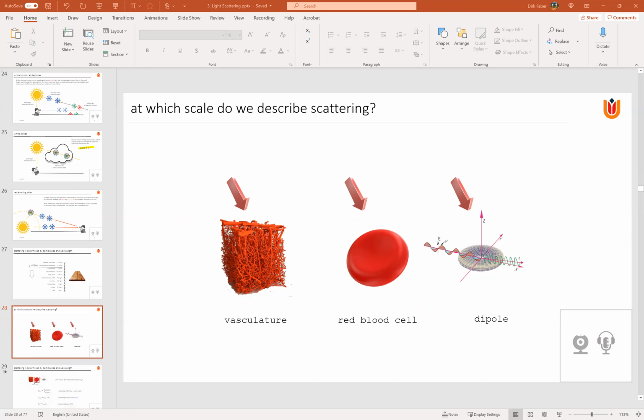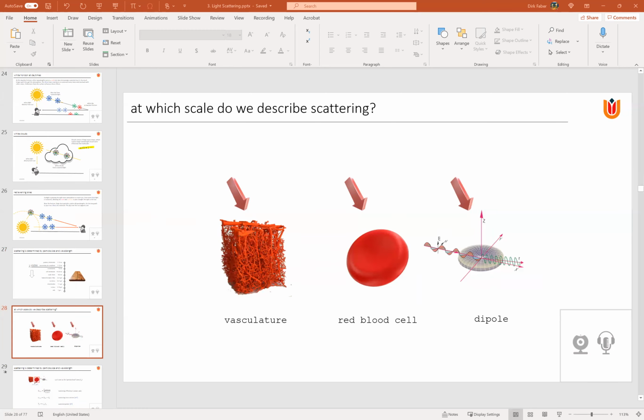So again, the question is the same question that we had earlier on for absorption. At what scale should we describe light scattering now, absorption earlier on, and now scattering? They're in reversed order in this case.